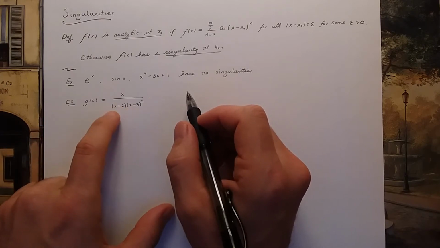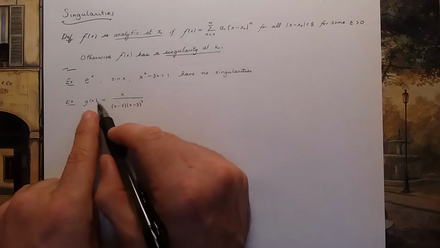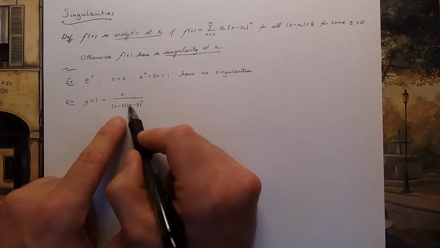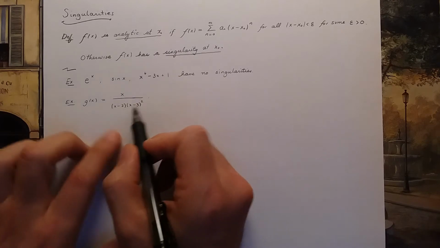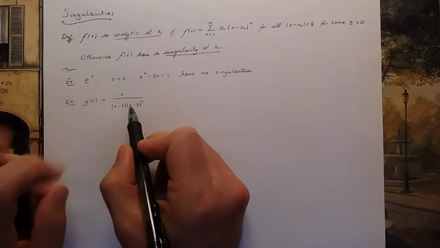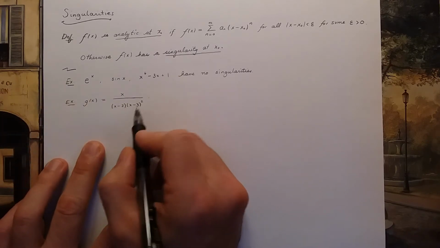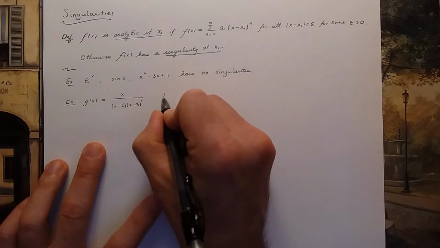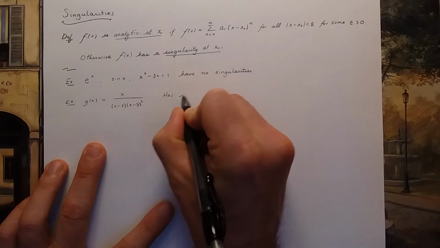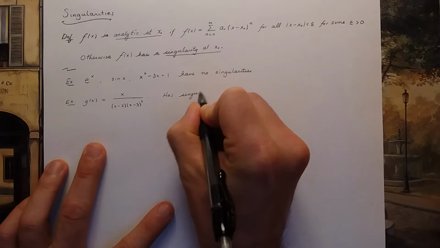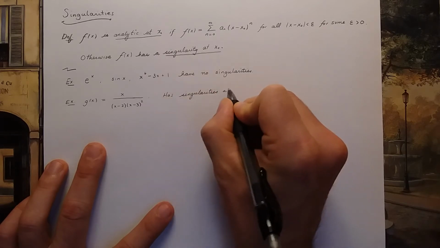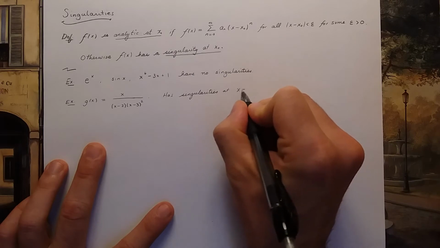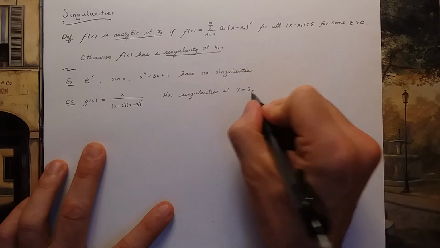I cannot expand g as a series centered at 2 because this function has a division by 0 at 2. That causes a real problem. So this has singularities at x equals 2 and 3.